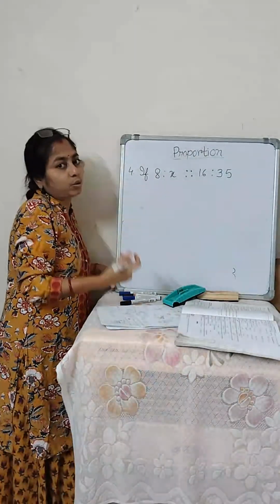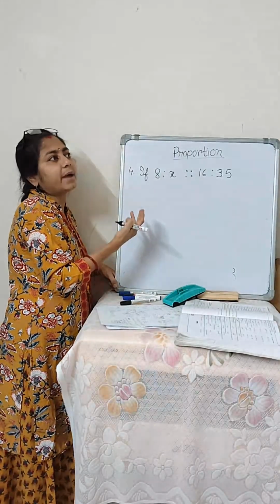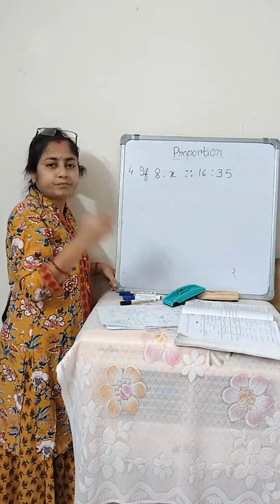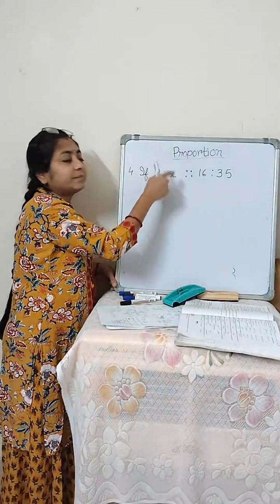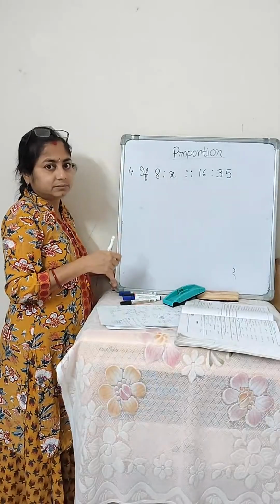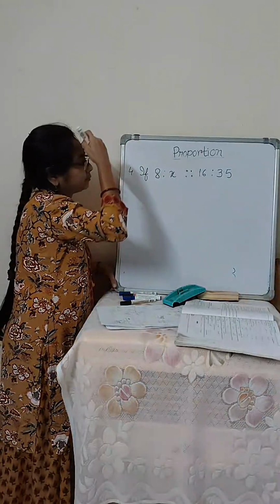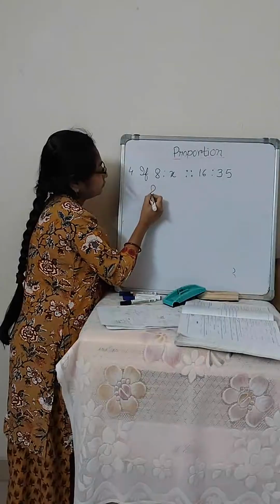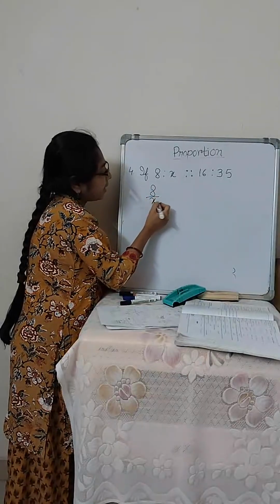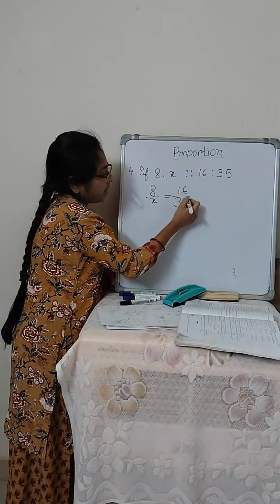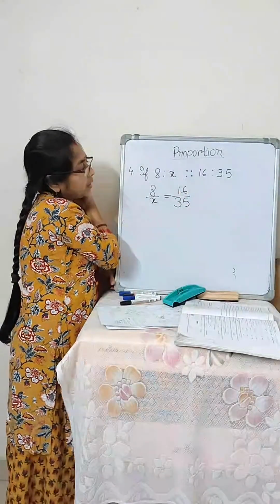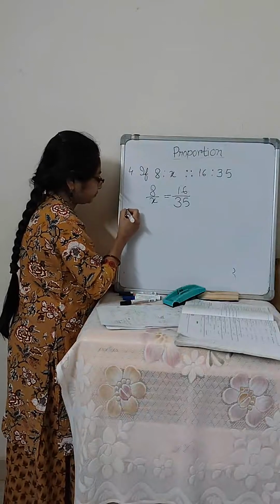Now you have the question: are the first number and this number the same? No, these are not the same. You check, the position of the x is different. Okay? So you do the first one: 8 by x equal to 16 by 35.